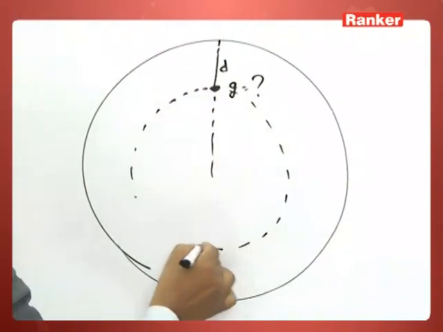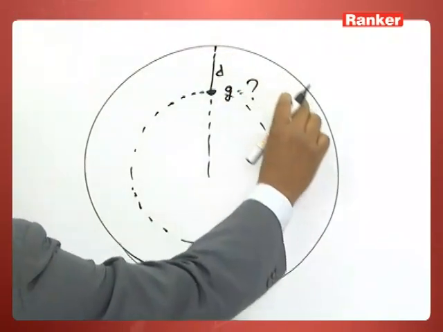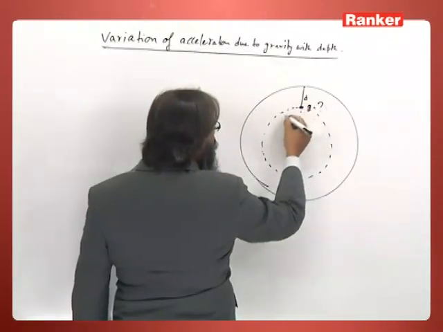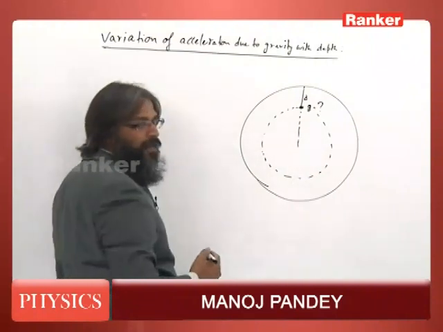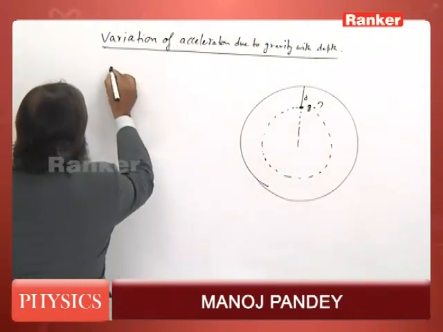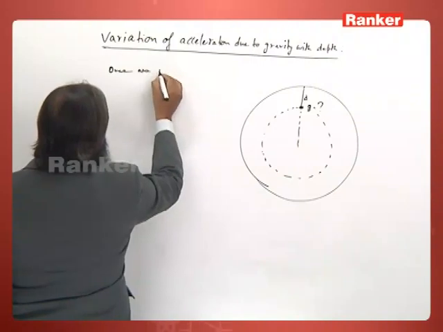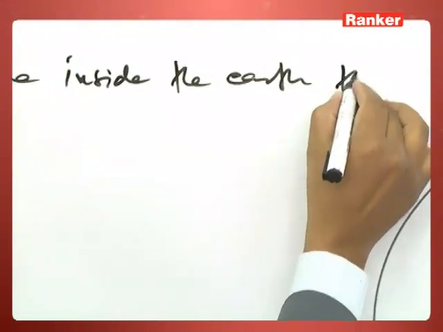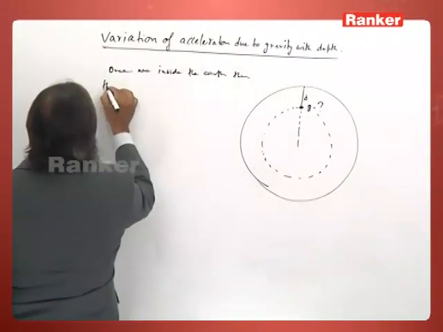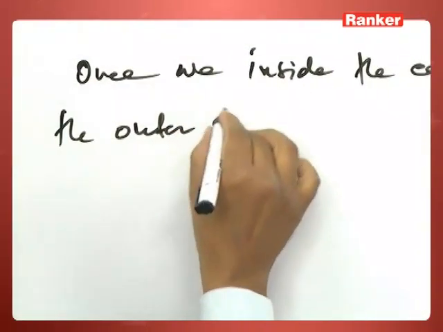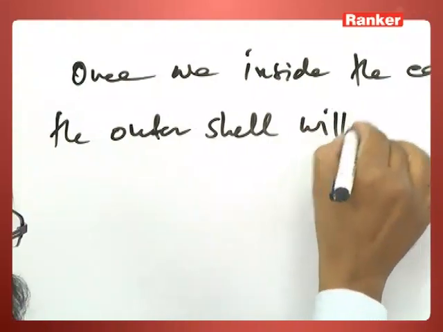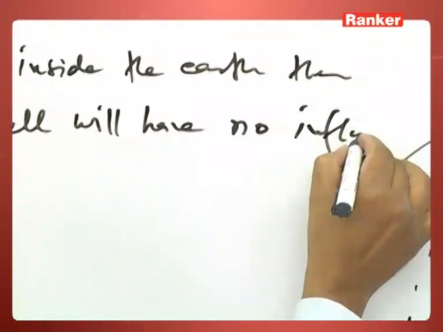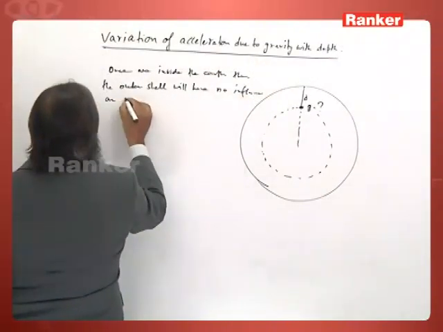Already we have seen from Gauss's theorem that the mass of the outer side will not contribute to g here; the inside masses will contribute. So, once we are inside the earth, the outer shell will have no influence on g.